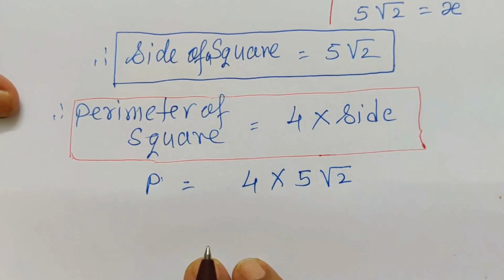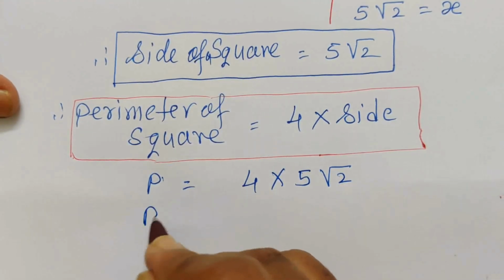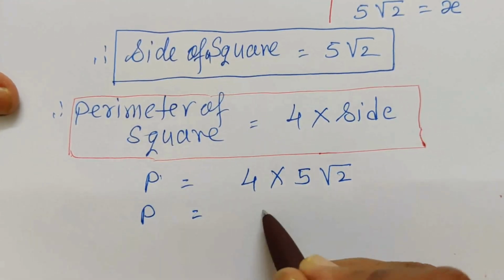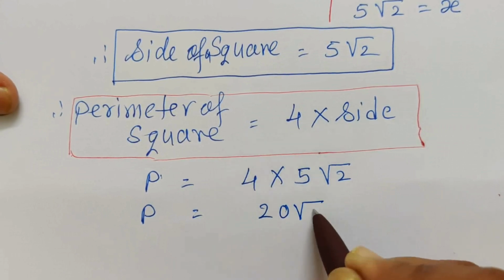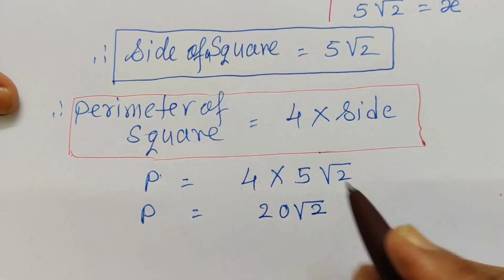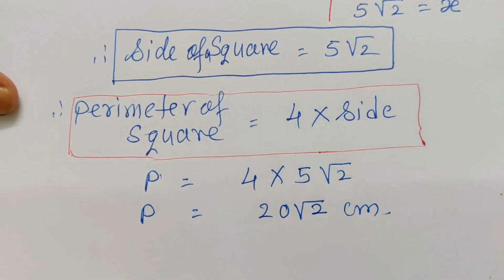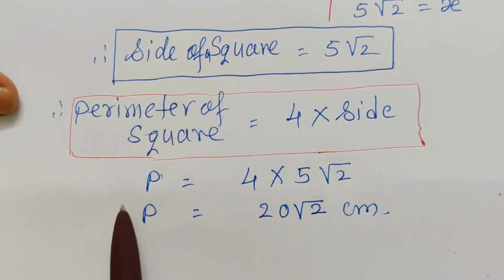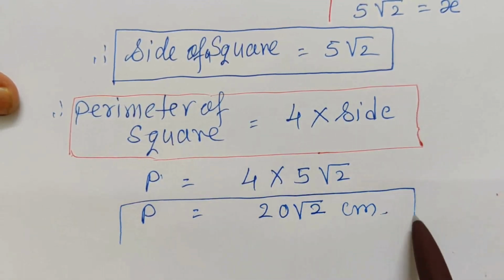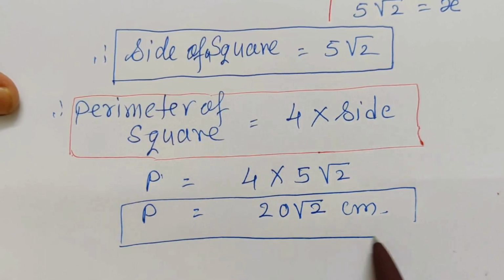After multiplication you will get perimeter of the square is equal to 20 root 2 centimeter. So this is the second answer.